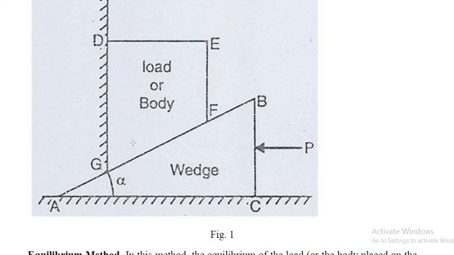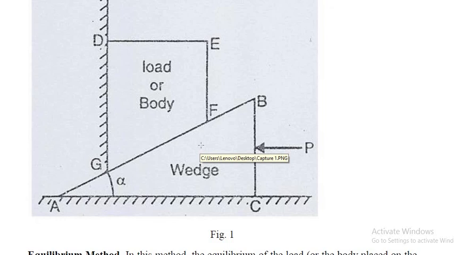Again we consider this body in equilibrium, then there will be two reactions. R3 we are considering in this part, and this part, R2 we have considered. Likewise, if we find the vertical and horizontal components for the wedge as well as the body, for equilibrium using Lami's theorem we can find the reaction values. Accordingly we can find the angle also.